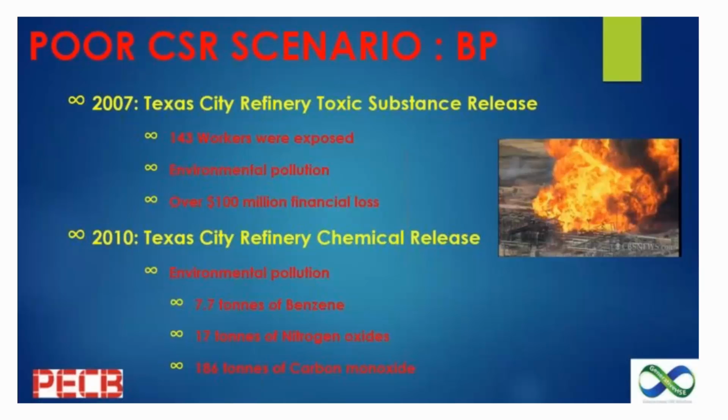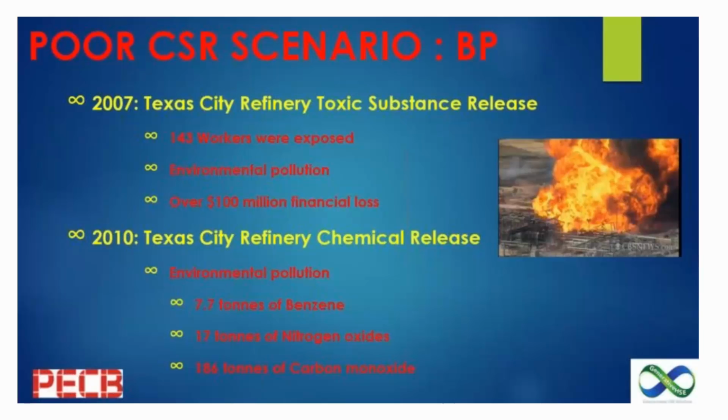The release itself constitutes environmental pollution, and also over $100 million in financial losses. Again, in 2007, you would think that BP would sit down and review the major incidents that they've had, and overhaul or re-engineer its organization to prevent future losses. But that wasn't the case.